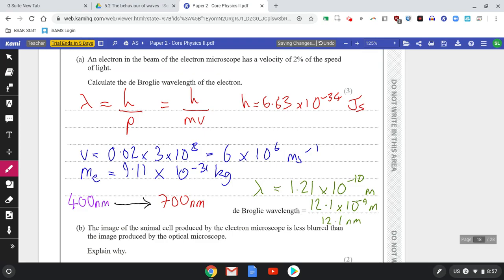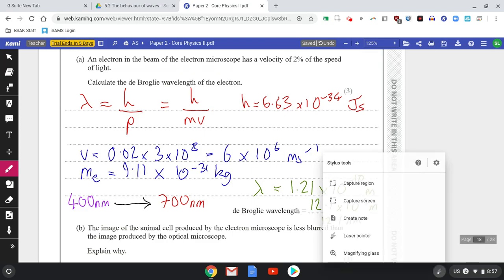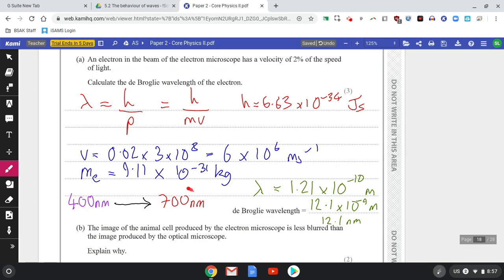Red is the longer wavelength, so red light goes up to 700 nanometers. Violet light at the other end of the visible spectrum is 400 nanometers. These electrons have a de Broglie wavelength of 12.1 nanometers, considerably shorter than the shortest wavelength in the visible spectrum.